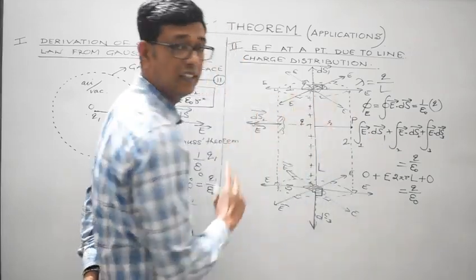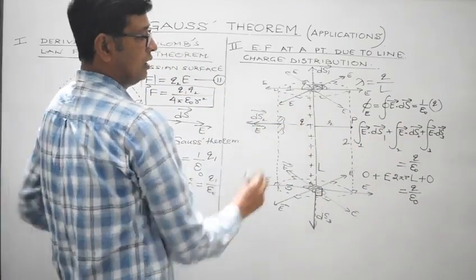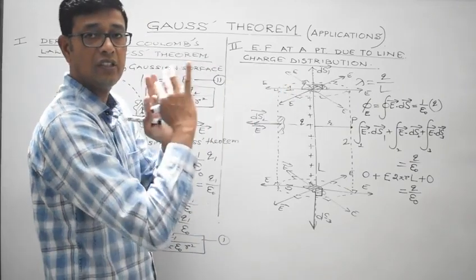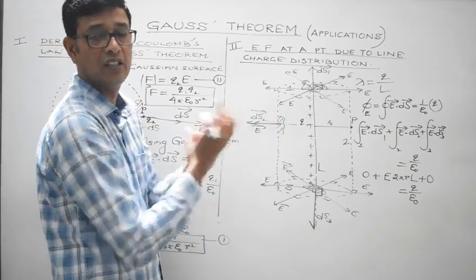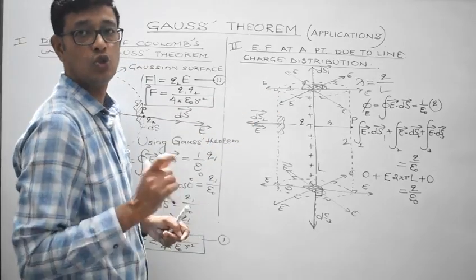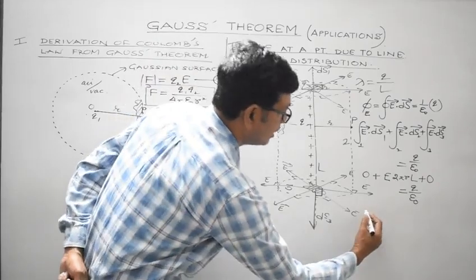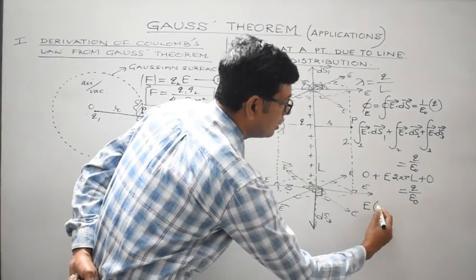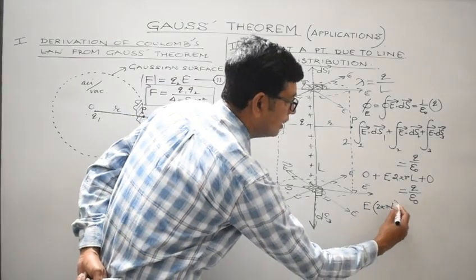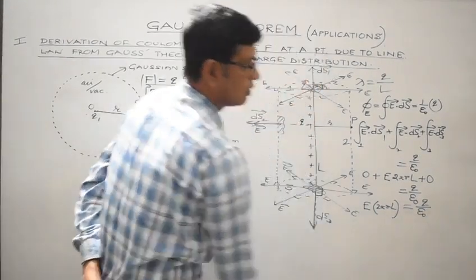E can be taken outside the integration, and integration of ds2 will give us the total curved surface area of the cylinder. And the curved surface area of the cylinder is 2 pi RL. That is what I have written over here, right? So we are left with E into 2 pi RL is equal to Q by epsilon naught.